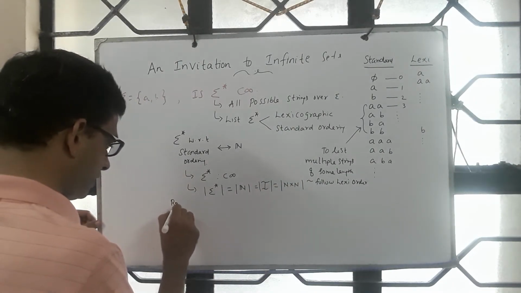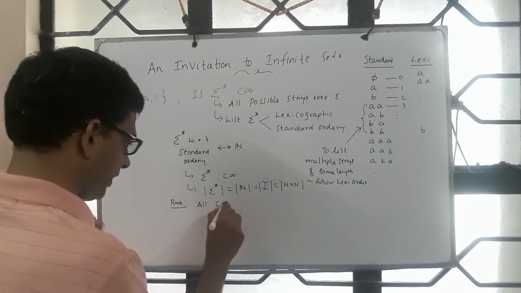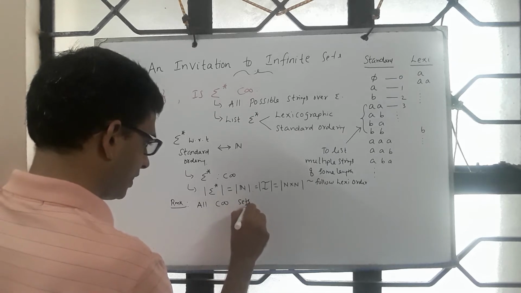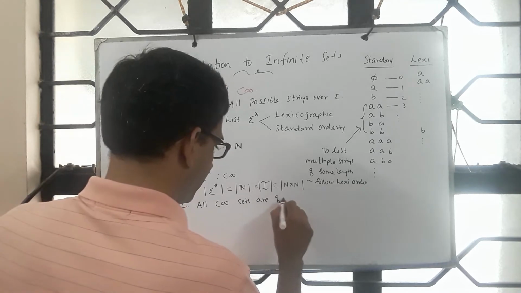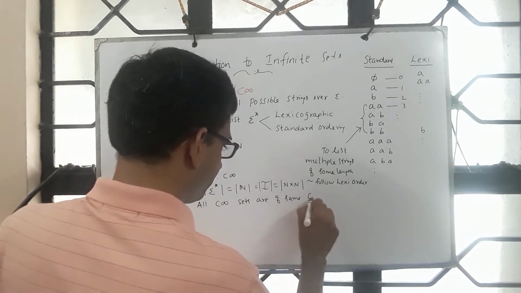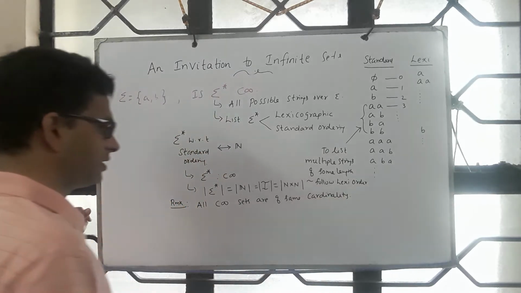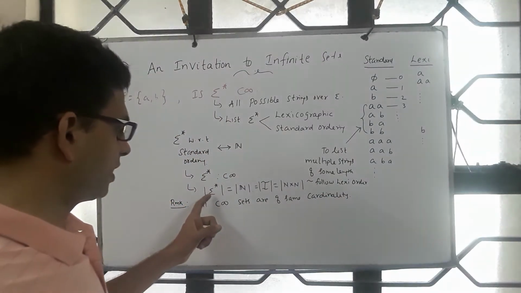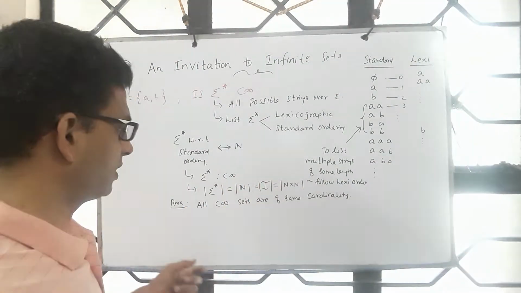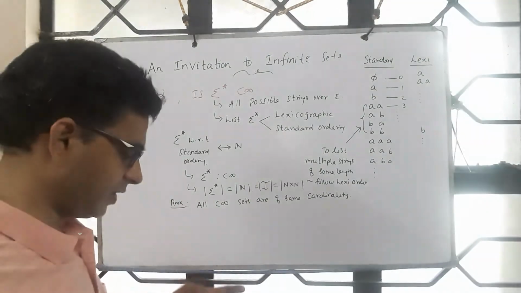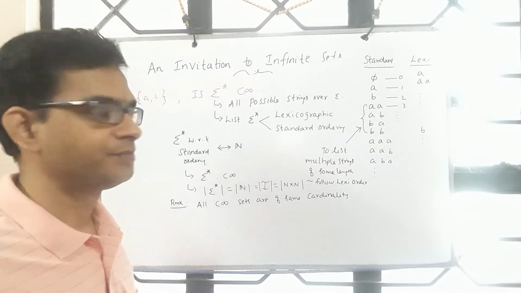This is telling us that all countably infinite sets are of same cardinality. Because of transitivity, I can show that sigma star is same as Z, sigma star is same as n cross n, and so on. So all of them are having same cardinality, which is n itself.